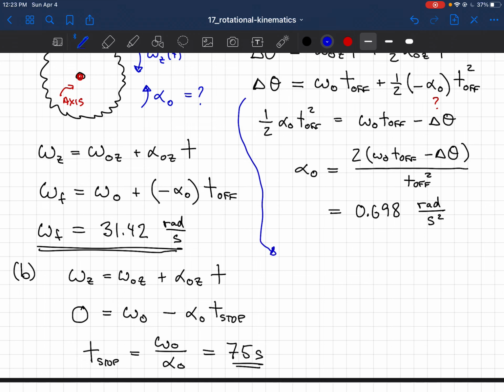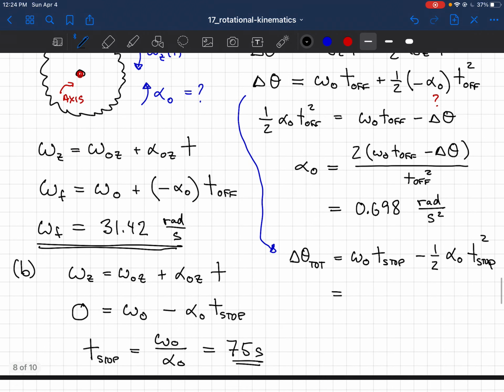Well, we can again use exactly this equation. So we have delta theta total is equal to omega naught t stop minus 1/2 alpha naught t stop squared. So what is that going to be?